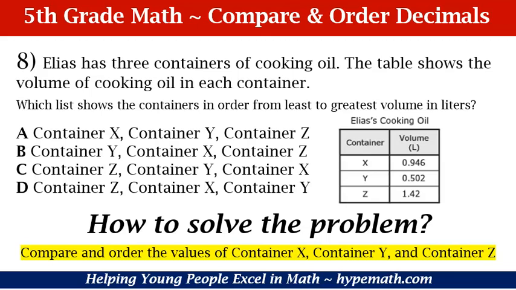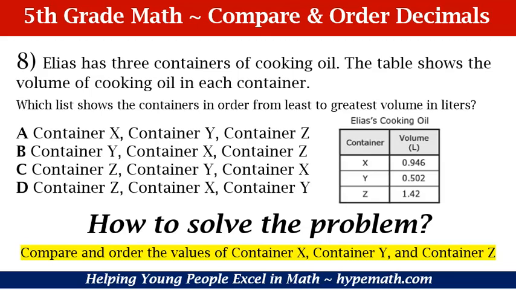I would say container Y, because our decimals are lined up. In our ones place, we have two numbers with a 0 and one number with a 1. We know that that number isn't the smallest, because it has a 1 in the ones place. Now we're going to look at the numbers with a 0 in the ones place.